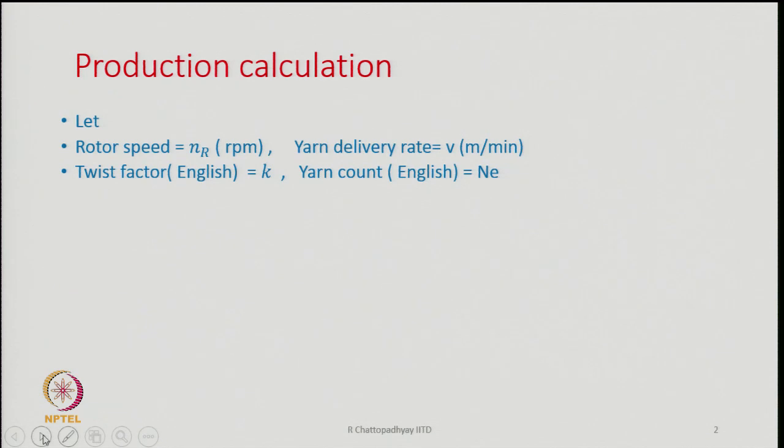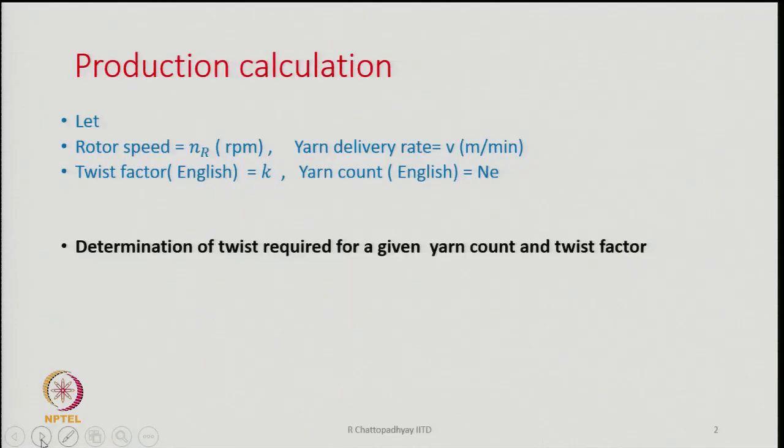Suppose these are the parameters which are given. Now, we need to calculate the production that a particular rotor unit is generating per unit time. Unit time we will fix, it could be per hour or per shift, as the case may be.